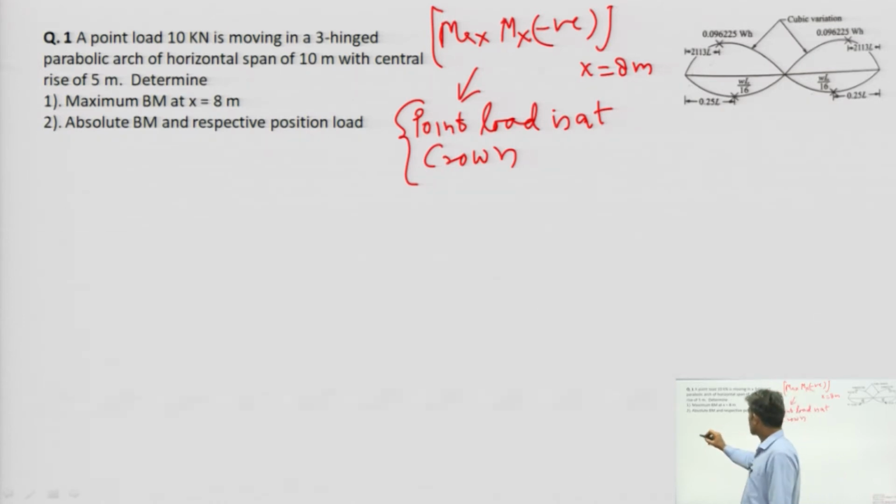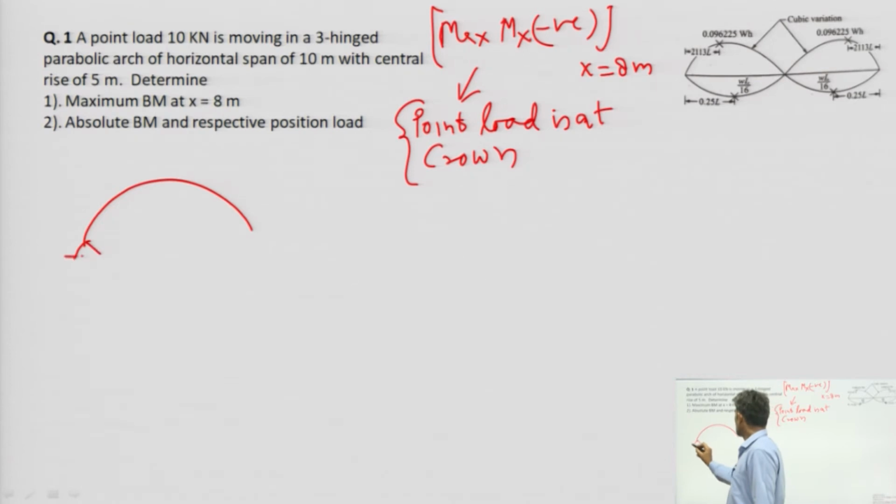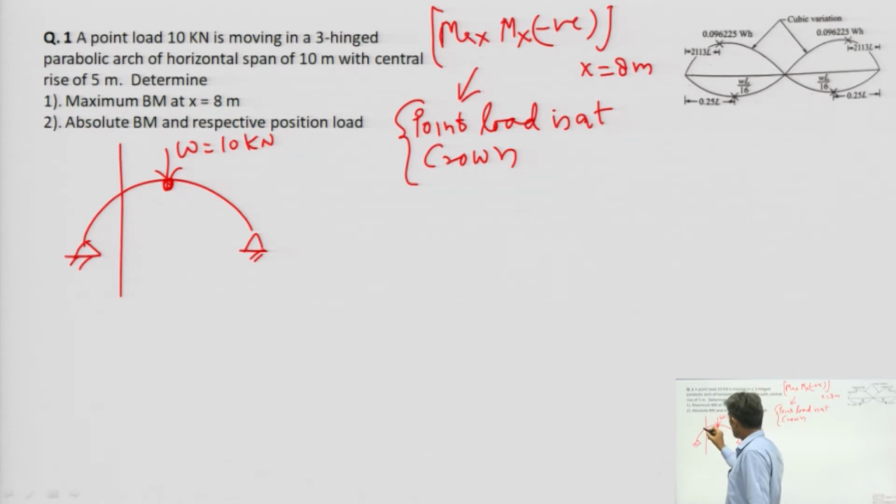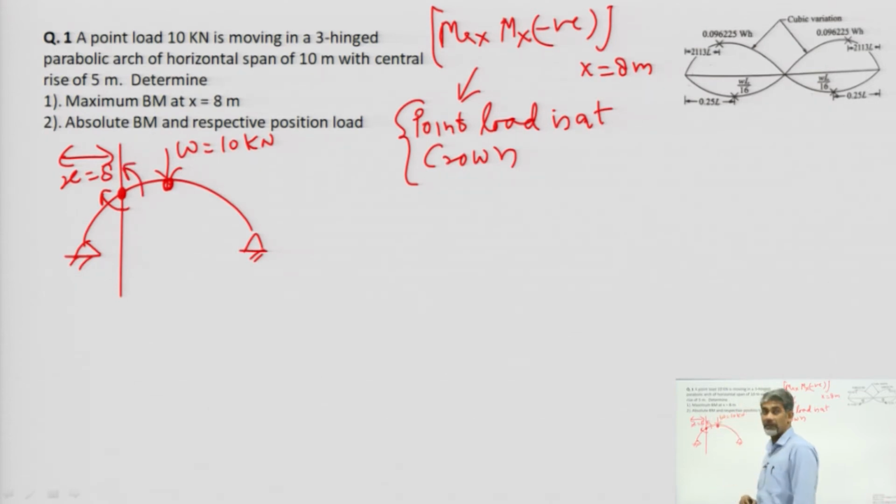But if we consider the point load at crown, W is equal to 10 kilonewton here, and if we are calculating the bending moment at x is equal to 8 meter manually without use of IL, then we will get the same result.